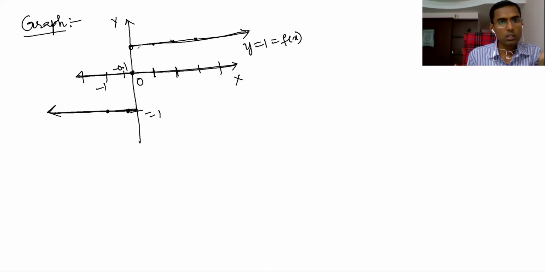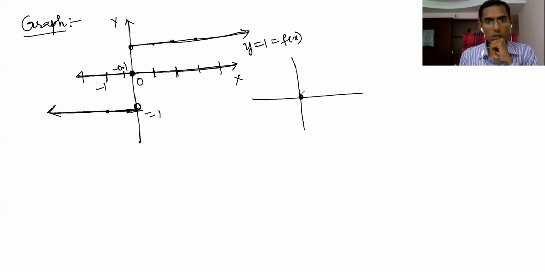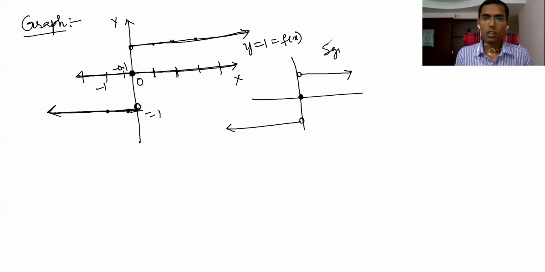When x is 0, it is 0, and for 1, 2, 3 it is on this side, and for minus 1, minus 2 on this side. So this is the graph of signum x.